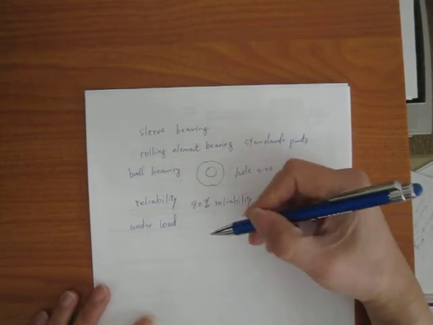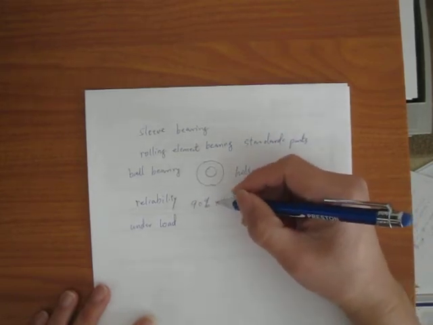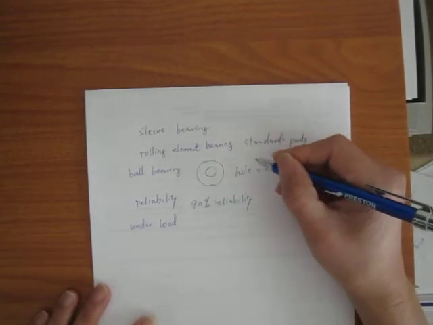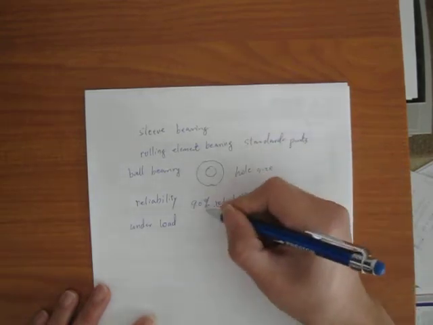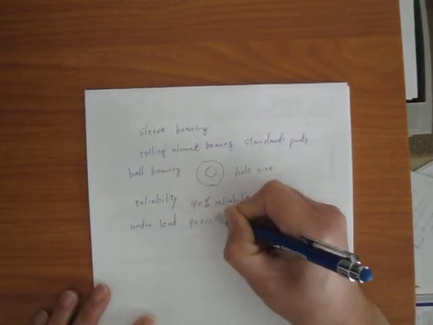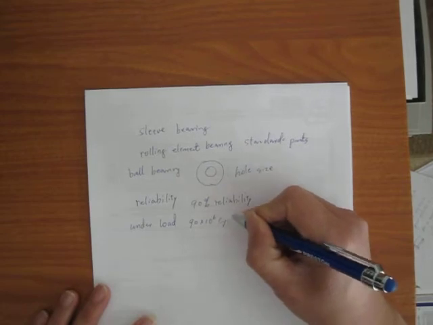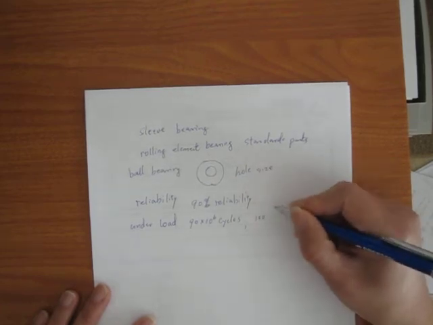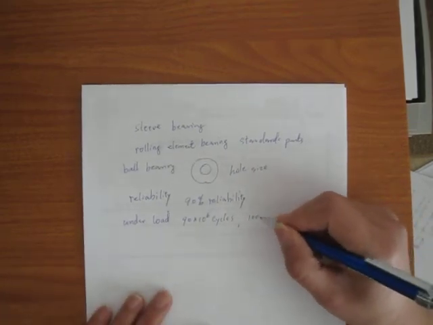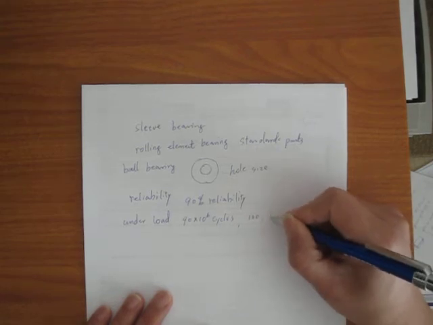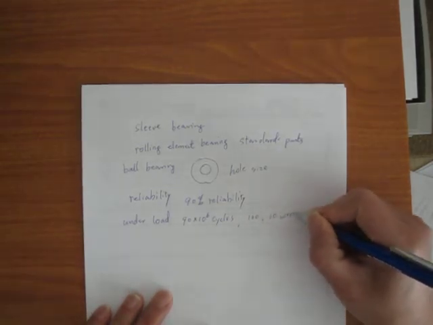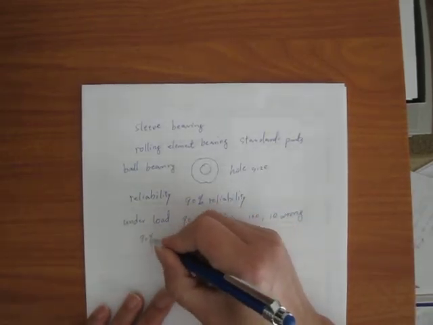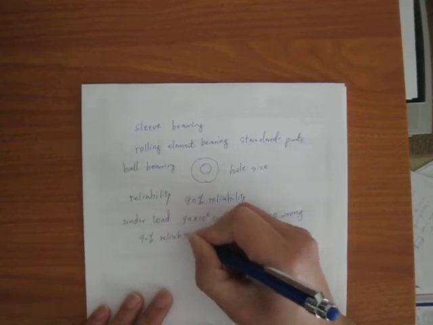Under certain load, if you rotate so many cycles, normally we use 90 times 10 to 6 cycles. If among 100 bearings, 10 go wrong, then you have 90% reliability.